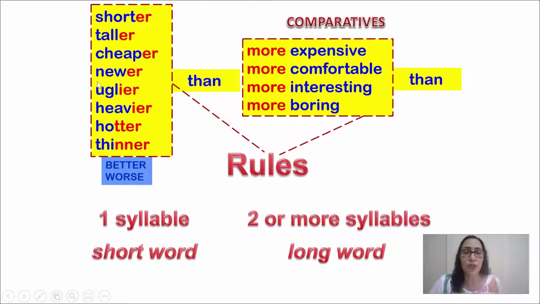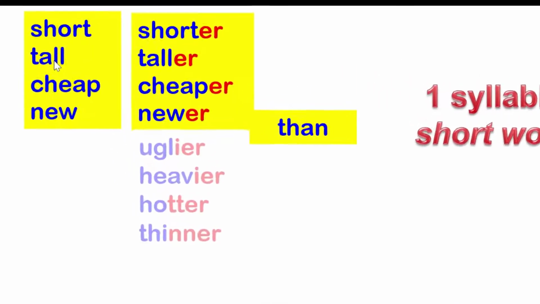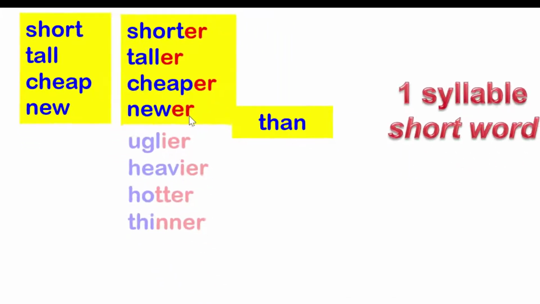The first group we are going to analyze is actually divided in 3 parts. The first part is the one-syllable adjectives. You see here, short, tall, cheap, and new. And look at the comparatives: shorter, taller, cheaper, and newer.